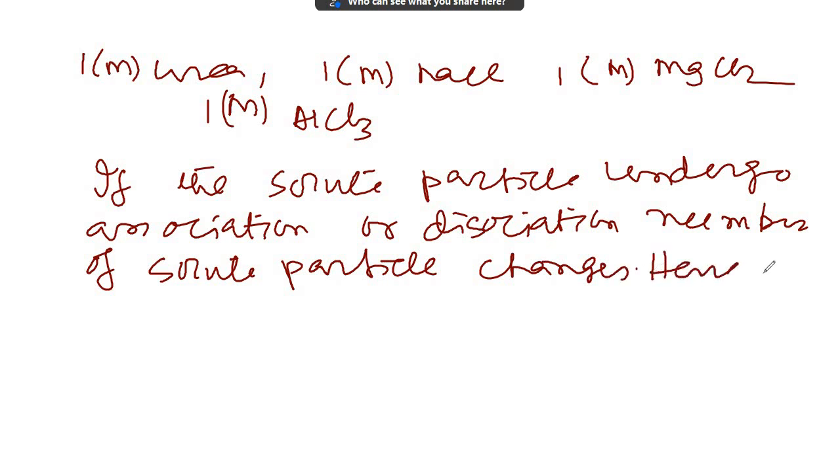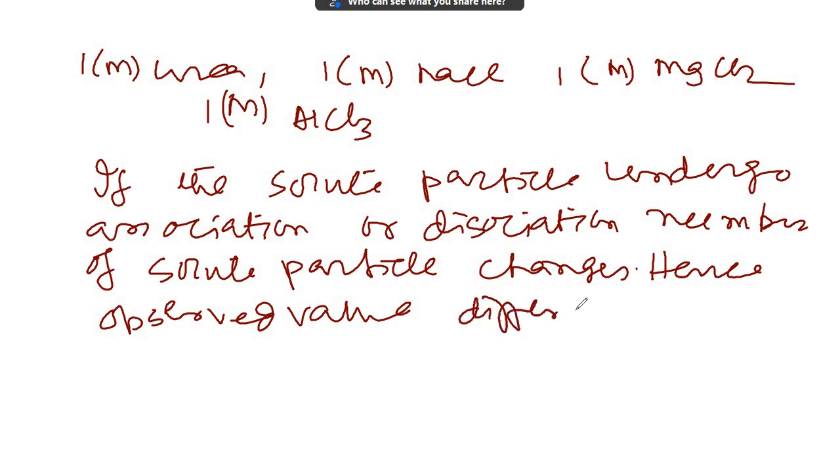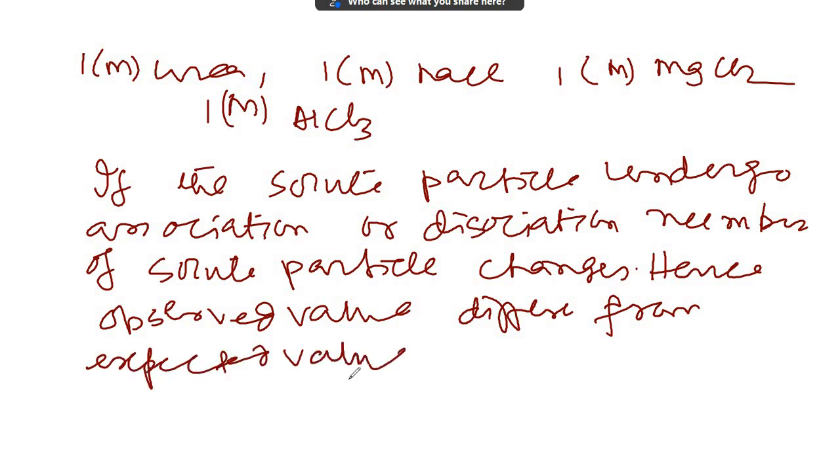Hence the observed value, what is experimentally observed, will differ from the expected value derived from the formula. Suppose we have taken 1 molar NaCl and 1 molar urea.